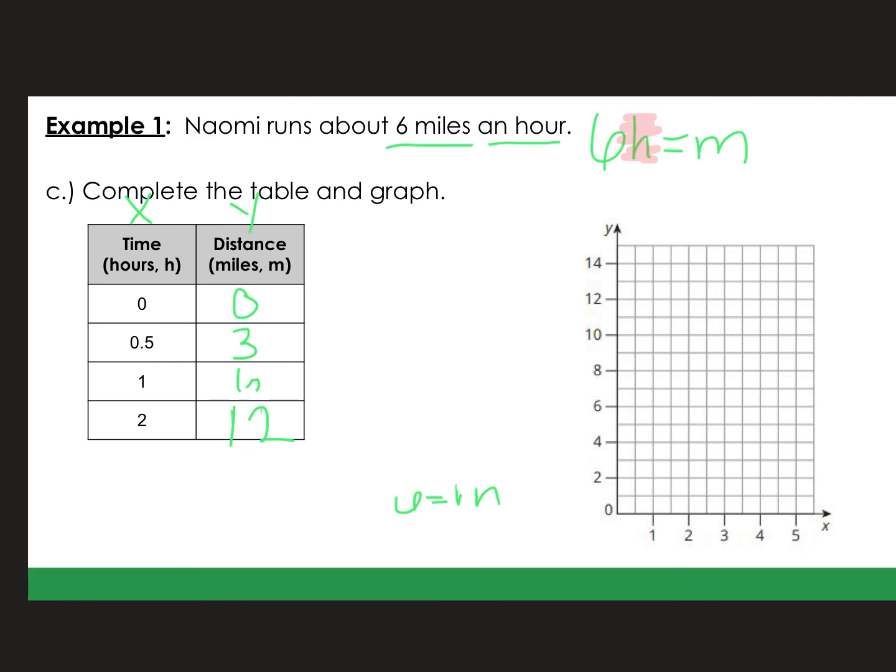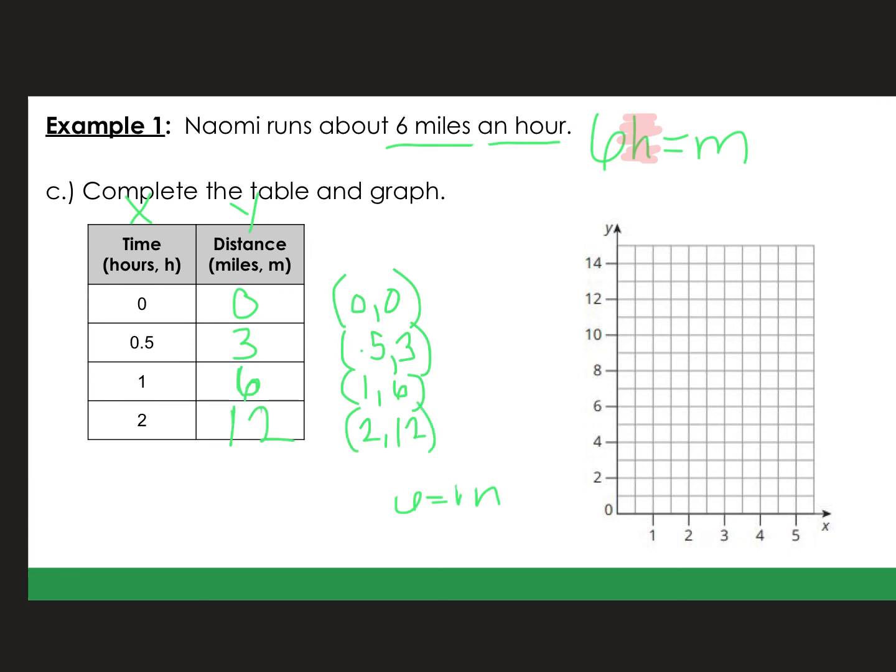So that becomes my coordinates, which this first one would be 0, 0. Second one would be 0.5, 3, 1, 6, and 2, 12.